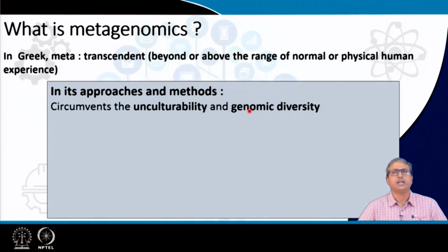enormous amounts of diversity. For example, if we are using the 16S ribosomal RNA gene, or we are isolating a specific group of bacteria and trying to look into the whole genome sequence of those isolated bacteria, we are able to find out that within the members of the same genus or same species, for example, within E. coli, there may be different strains of E. coli.